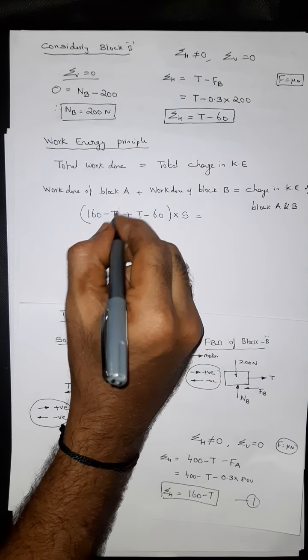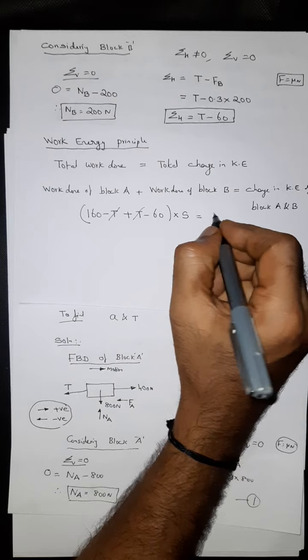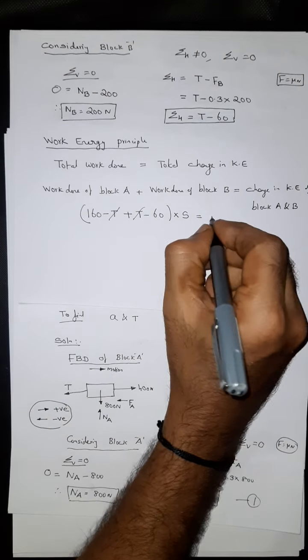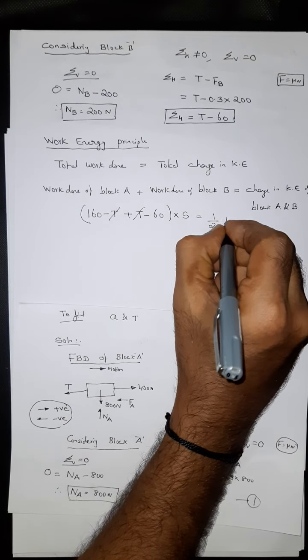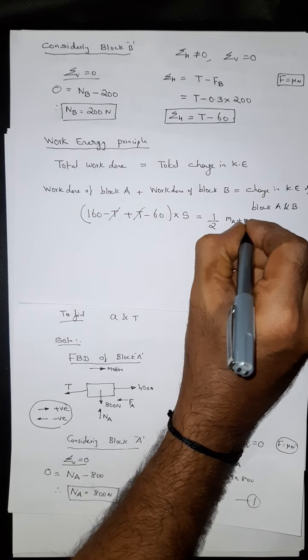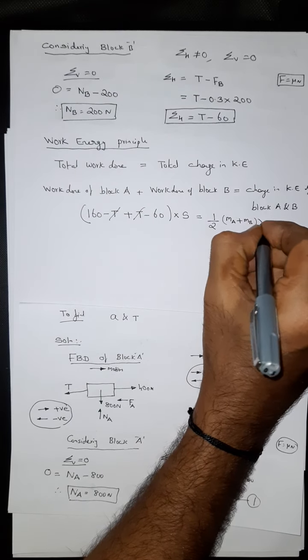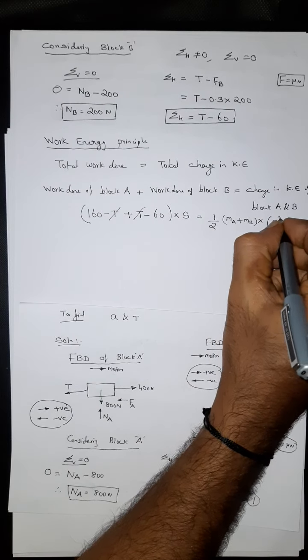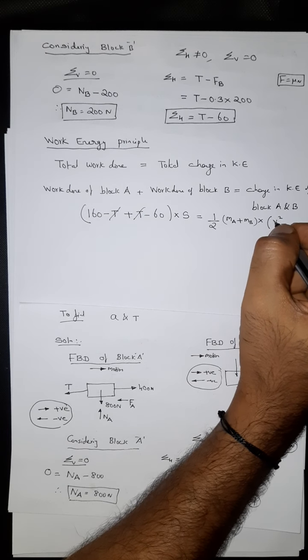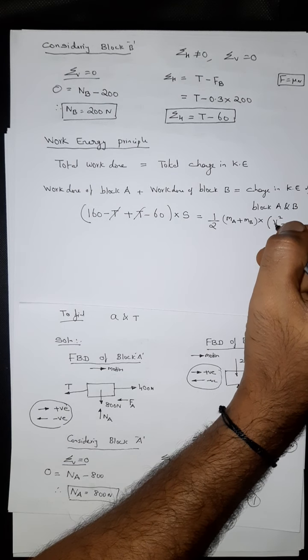So T gets cancelled, right? And as far as change in kinetic energy is concerned, it is half of MA plus MB into V square minus U square.